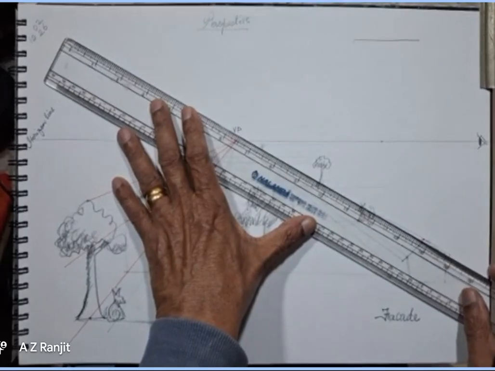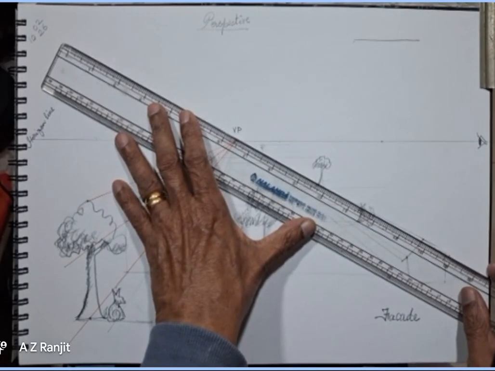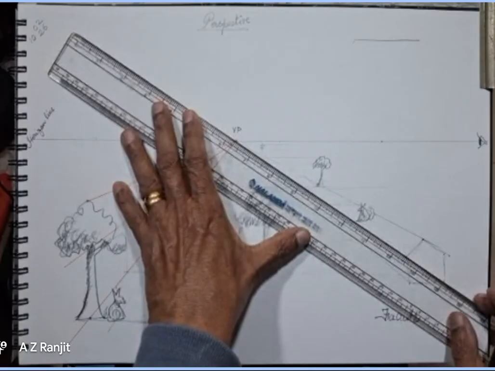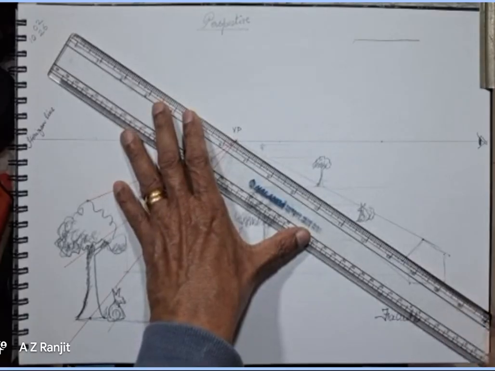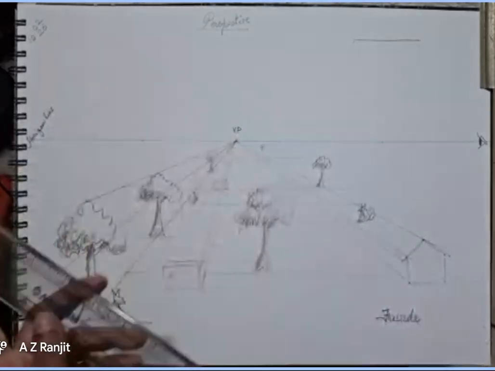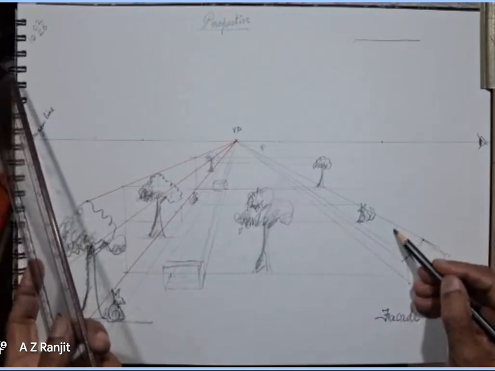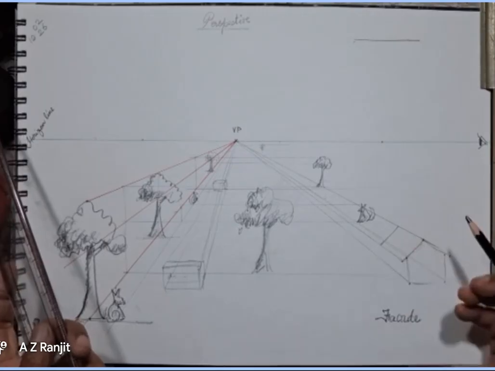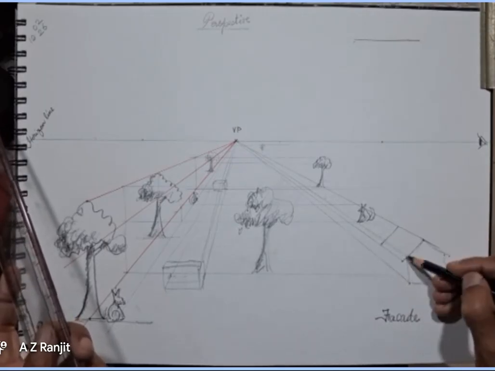These are all almost on the dots, on that line itself. We won't see this, but we can draw it so that when we do the facade of the next house, this will be helpful. So I draw a line parallel to this. That is that dot.